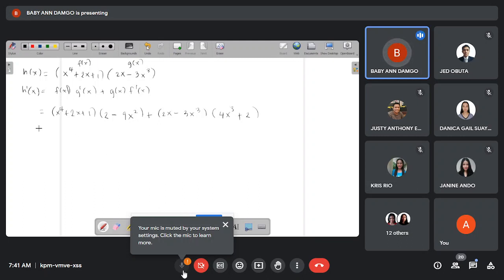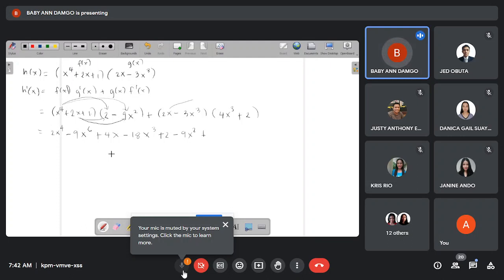Okay? So, simplify. This is 2x to the fourth, minus 9x to the 6. This one is 4x, minus 18x cubed. This is plus 2, and 1 times negative gives minus 9x squared.